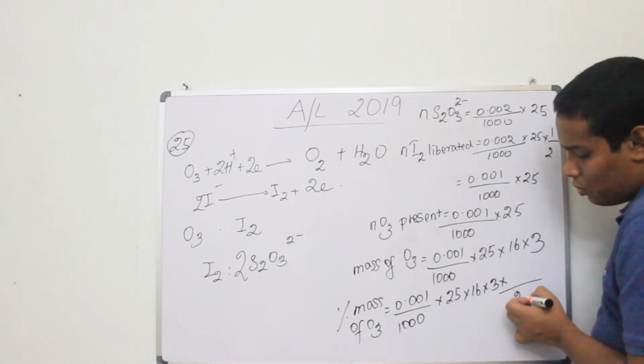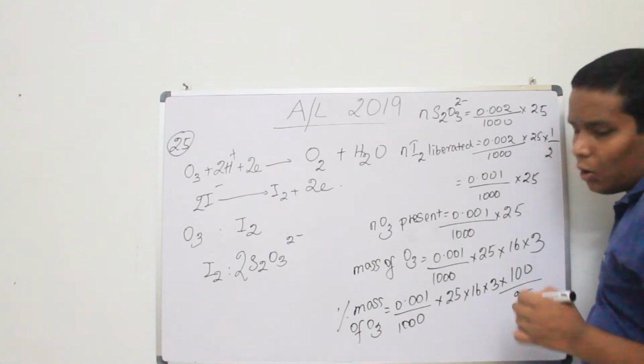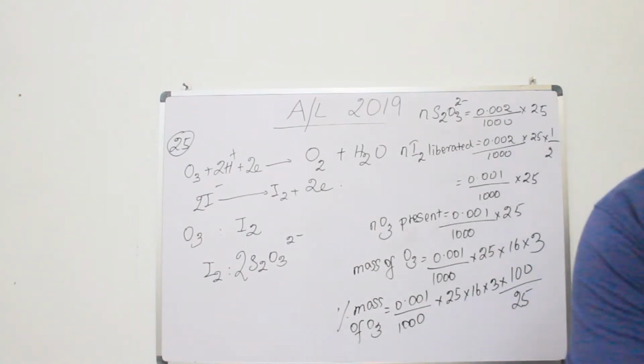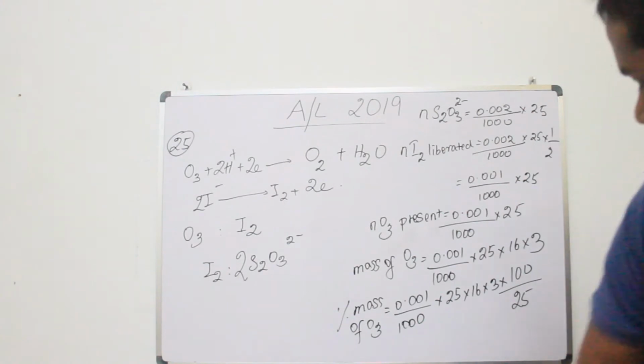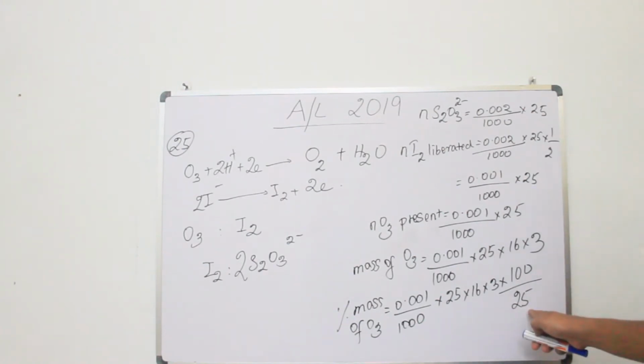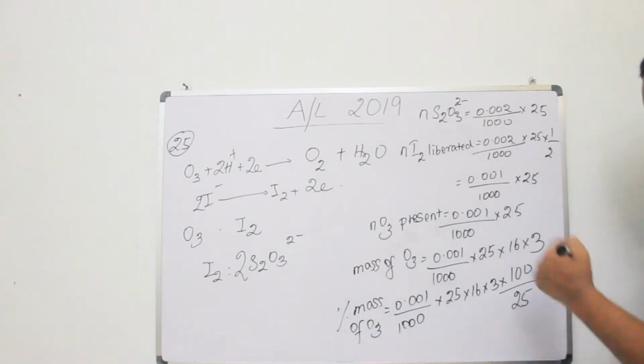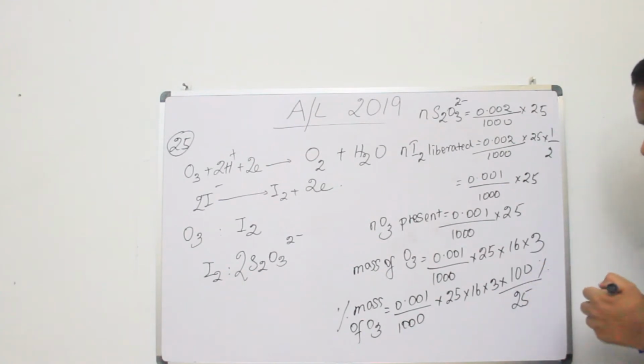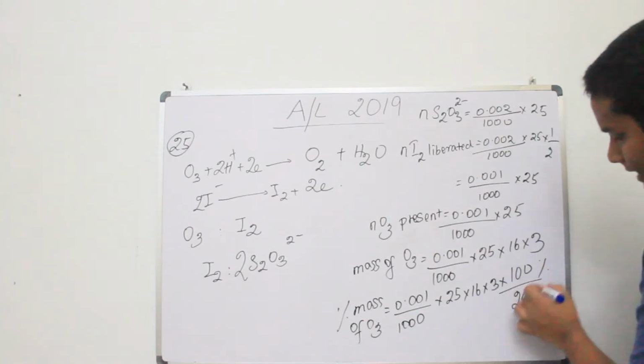Total mass is 25, then you have to convert it to percentage, so multiply by 100. So 25 cancels.